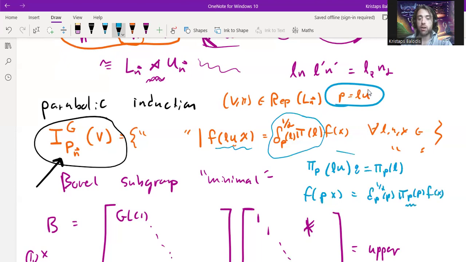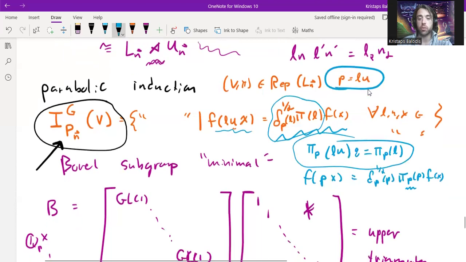So it's just like I artificially inflated my representation of the Levi to a representation of the entire parabolic.